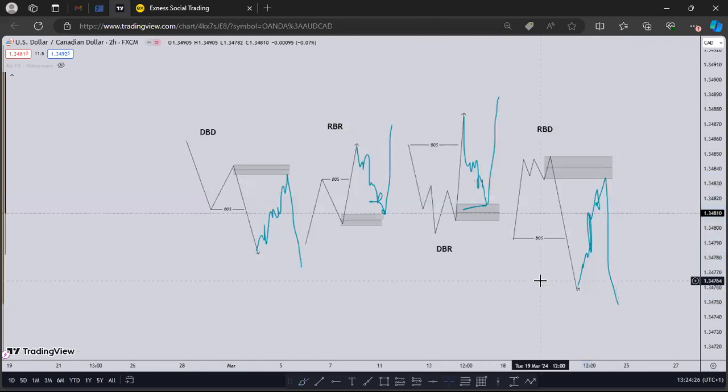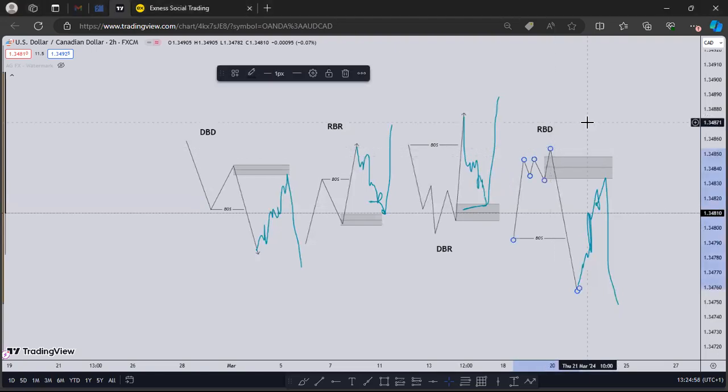But the confluence or the confirmation I would love to see in taking my trade off of a, how would I put it, counter trend market, I'd want to see what we call a liquidity sweep.